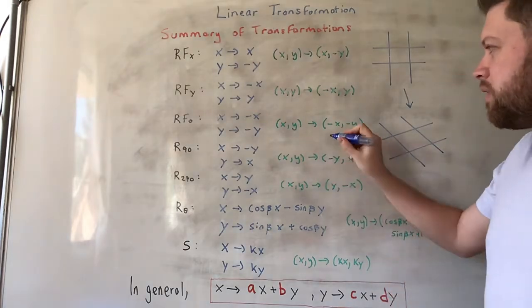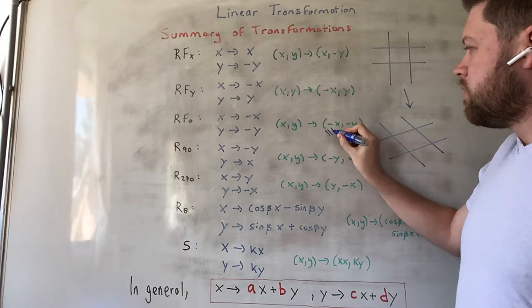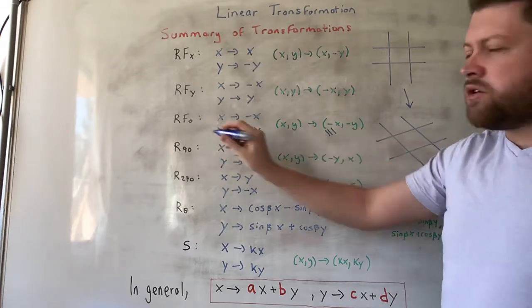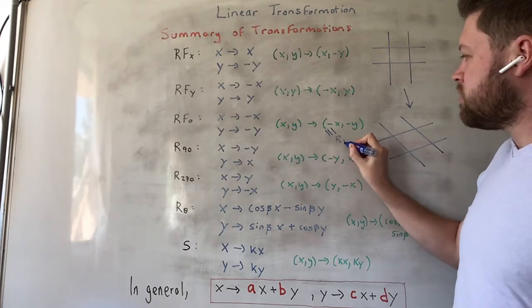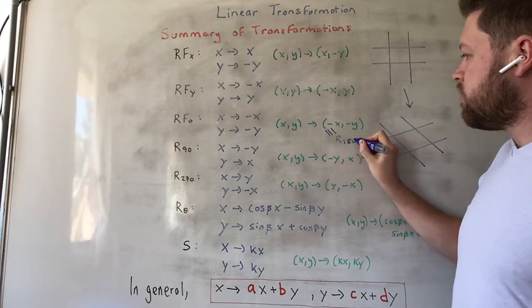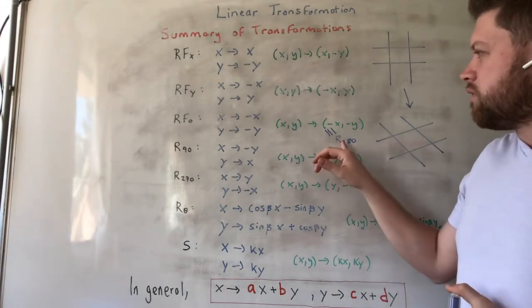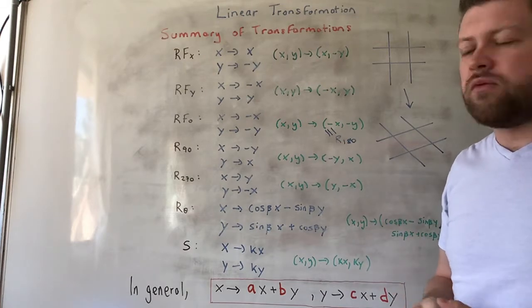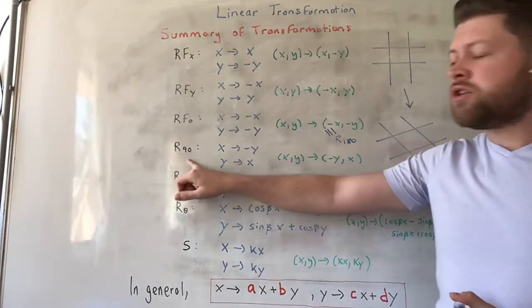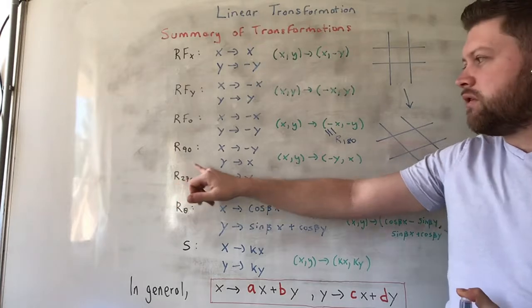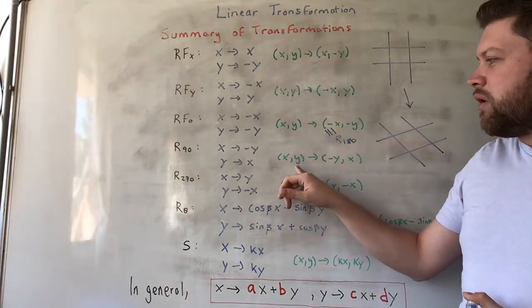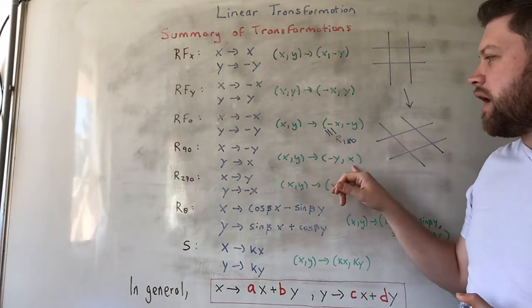And if you remember, a reflection in the origin is equivalent to a rotation of 180 degrees. So these two are equivalent transformations. A rotation of 90 degrees takes the point (x, y) to (-y, x).